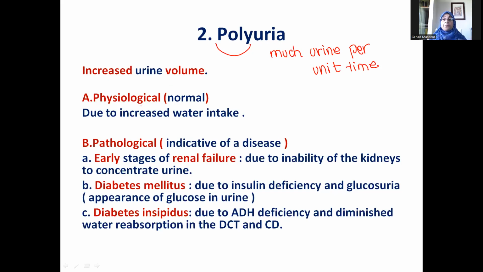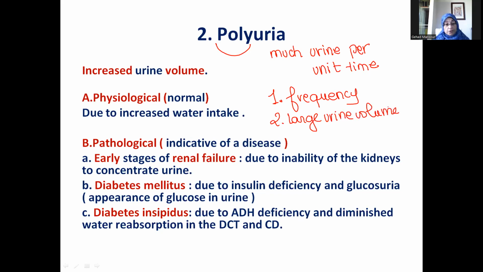In this case, of course, there will be frequency, just like you had in cystitis, but it will be frequency plus a large urine volume. In cystitis, in the previous slide, we had frequency, but only drops of urine being excreted by the human body.